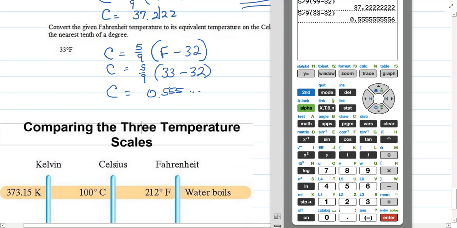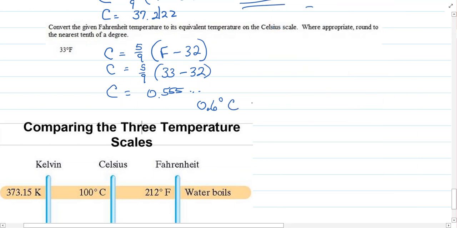All right, so we want one decimal place, a tenth. So we are talking about 0.6, sorry, can't round, can I? 0.6 degrees Celsius is the same as 33 degrees Fahrenheit. Very cold, right?